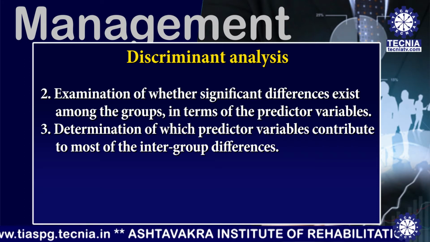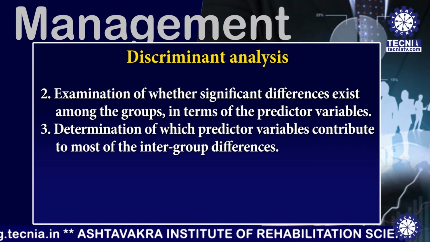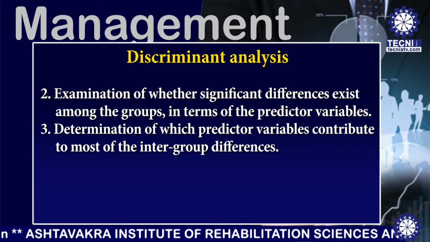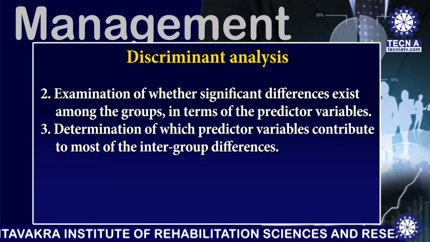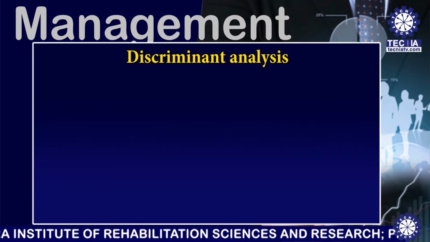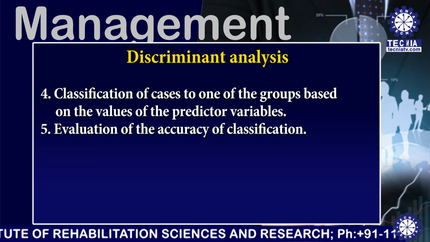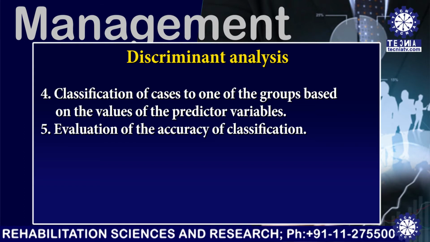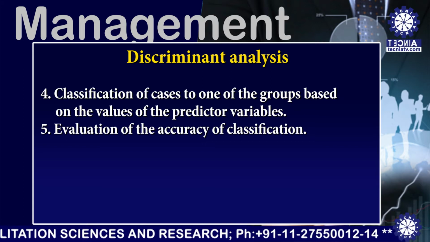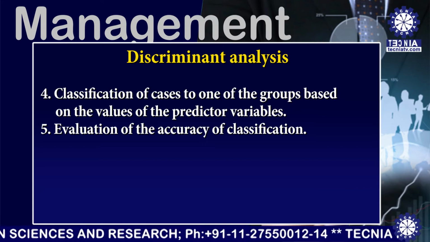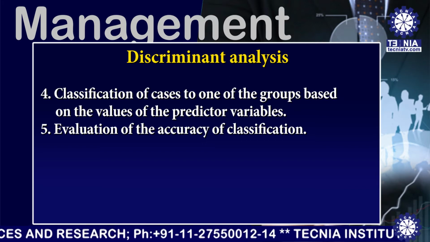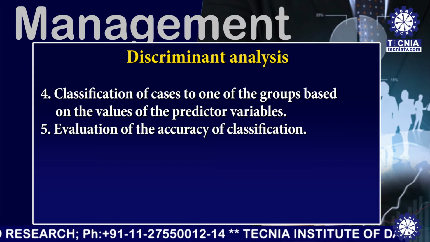Third one, determination of which predictor variables contribute to most of the intergroup differences. Fourth one, classification of cases to one of the groups based on the value of the predictor variables. Fifth one, evaluation of the accuracy of classification.